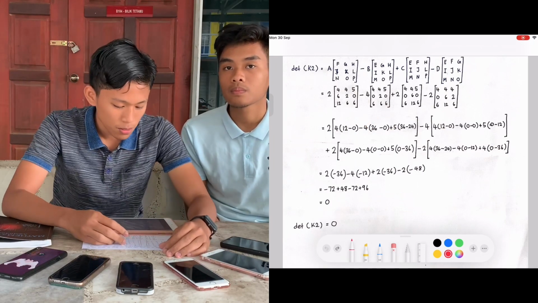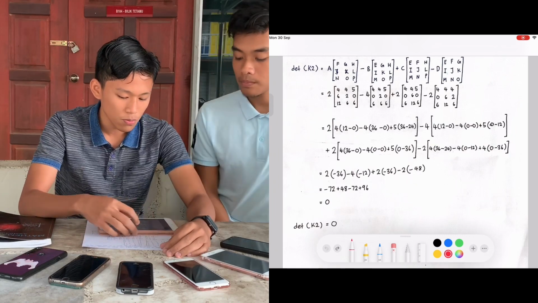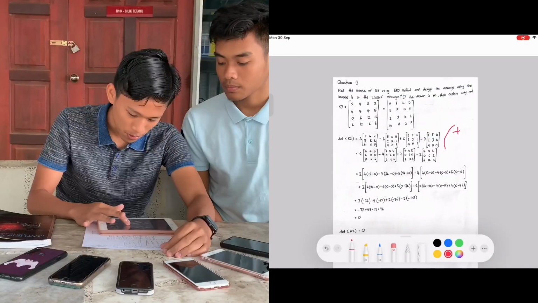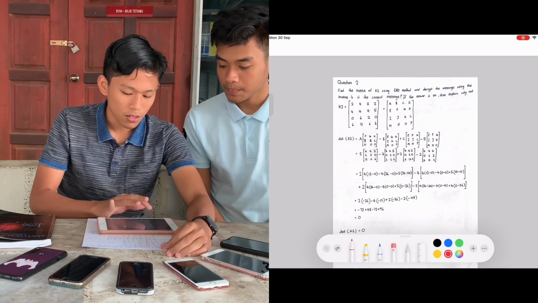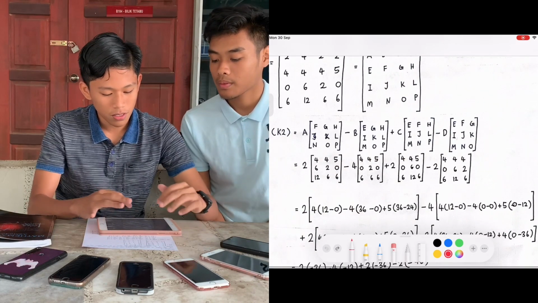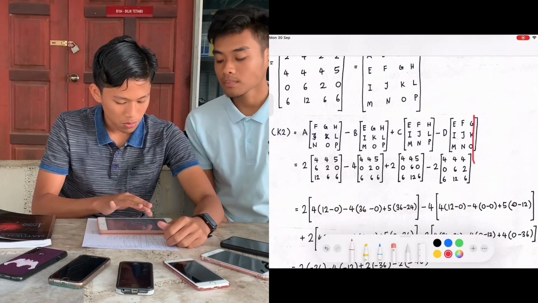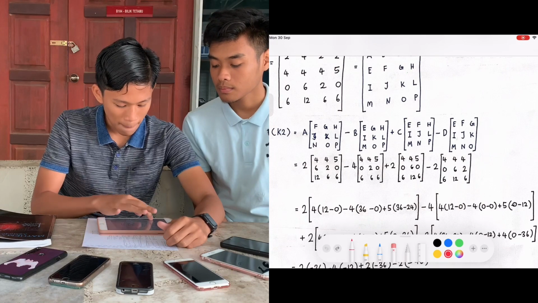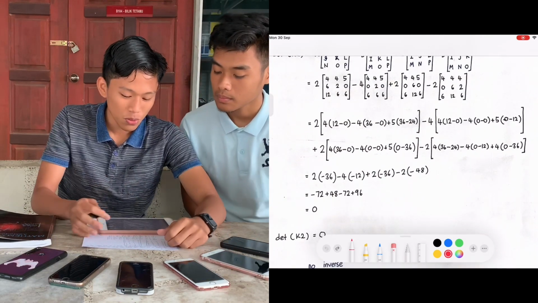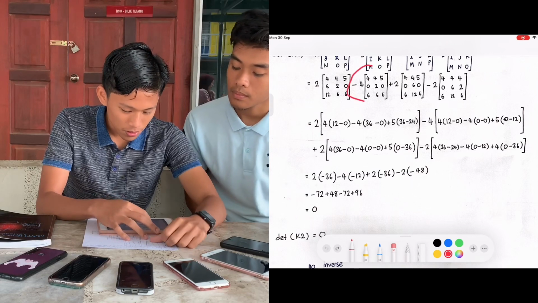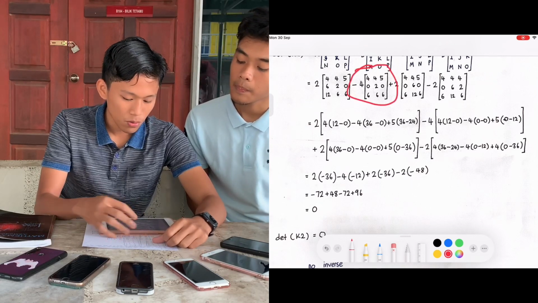But we must make sure that when we do this, we must also take note of the plus, minus and plus rule of the inverse, the determinant. So we continue to the second one, which is this minus, and we do the same thing.